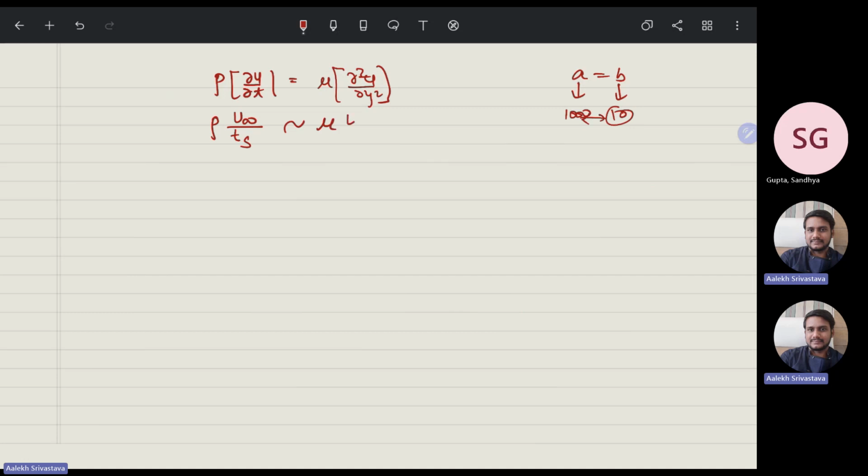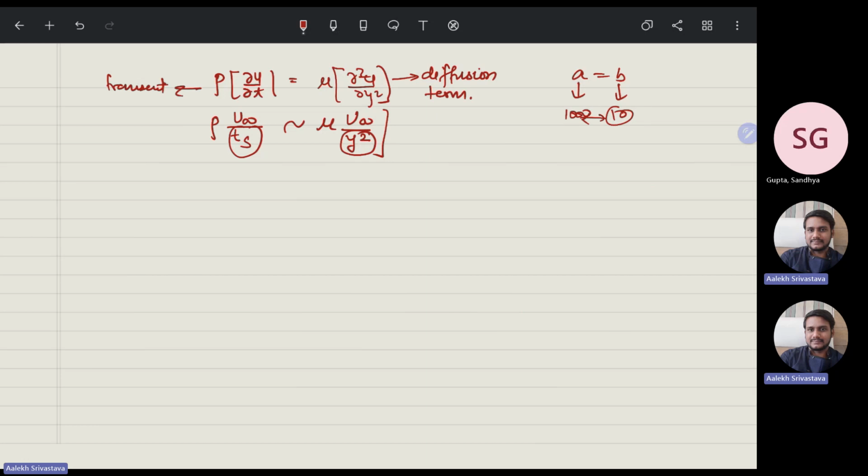Now here we have u infinity divided by del y square. Suppose we call it y square. What it means is, at some time ts, till what y the velocity is felt. This is called the diffusion term, because it is diffusing the velocity, and this is the transient or temporal term.